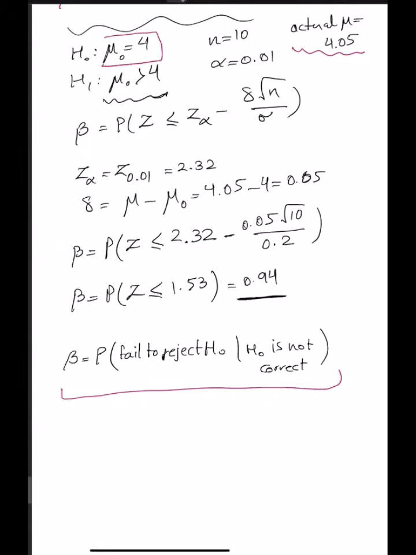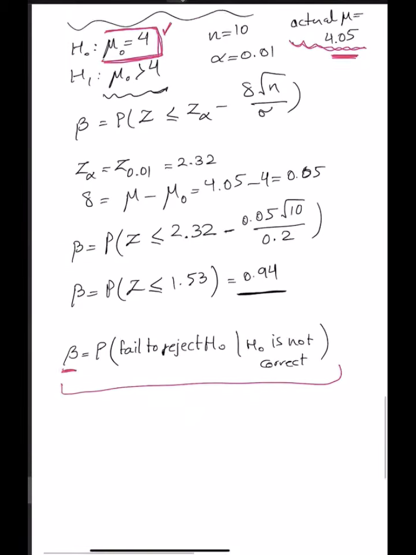So as you can see, the value in our null hypothesis is very close to the actual value. So it makes sense for us to have the type 2 error be a large number. However, as the difference between these two numbers increases, as the value that we are putting in our null hypothesis is getting further away from actual mu, we expect to have a lower value for beta.